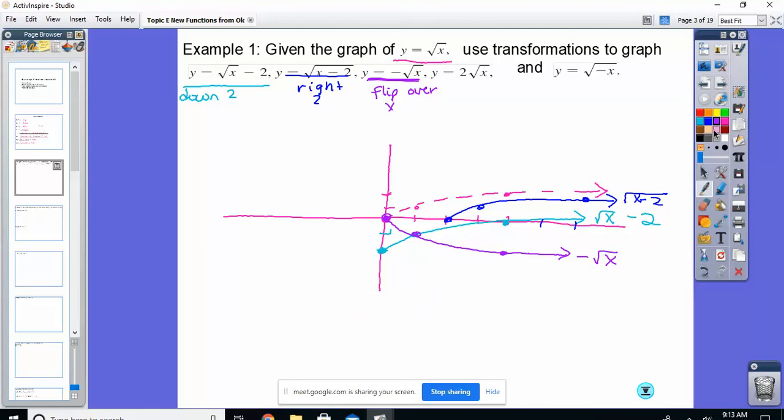All right, last two. A 2 radical x. What does the 2 do? Look at your notes. If you multiply by something out in front, what is it doing?